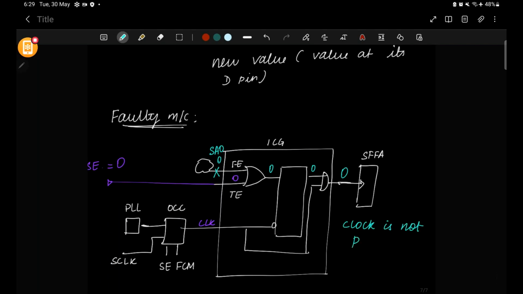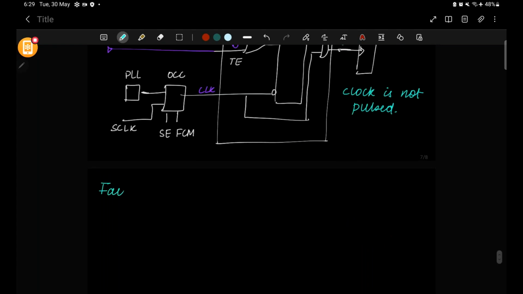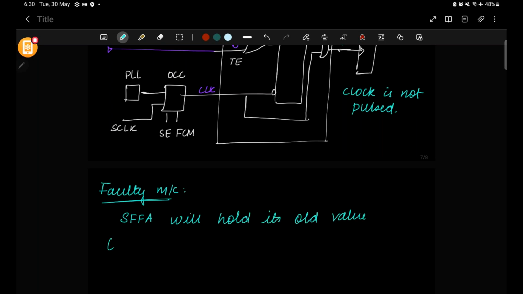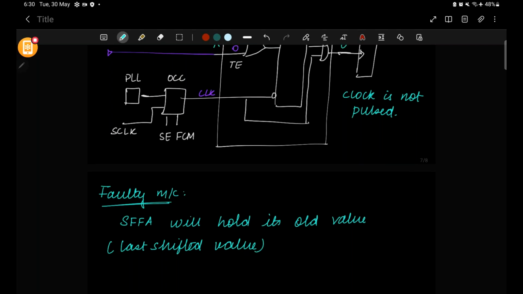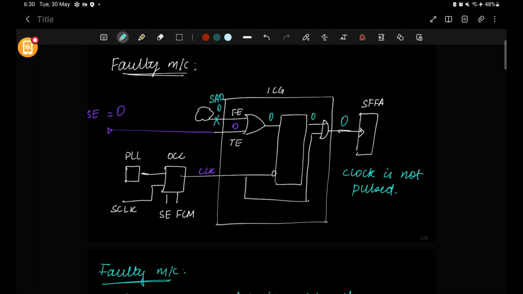So for faulty machine, scan flop A will hold its old value, that is its last shifted value, because clock is not getting pulsed. So in this way, stuck at 0 on functional enable can be detected.